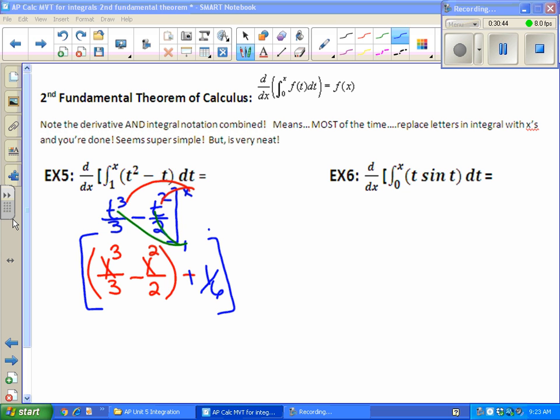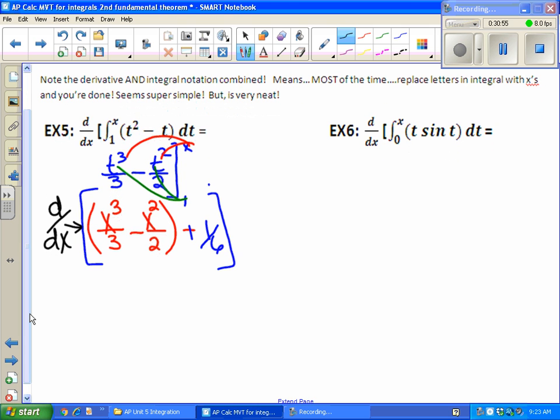Now, what does this outside say to do? Now we're going to take the derivative with respect to x of that integral we just did. Okay, what's the derivative of x to the 3rd over 3? Well, I'm going to bring the 1/3 out front, then bring the 3 out there. X to the 2nd, and 1/3 times 3 cancels, right?